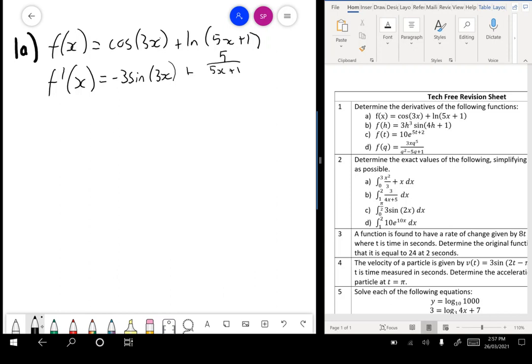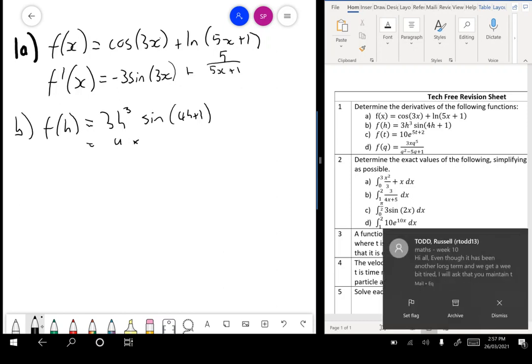Okay, let's have a look at b. We have a function of h, and that function of h is 3h cubed sine 4h plus 1. So looking at this, it's actually a product rule, because I have my first function u, which is 3h cubed, times my second function v, sine of 4h plus 1.